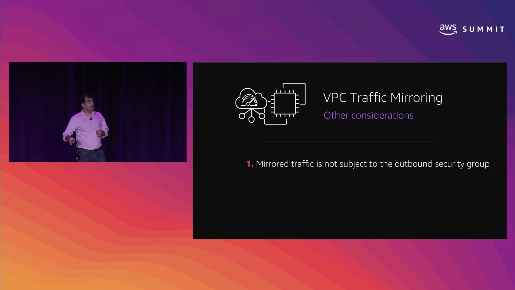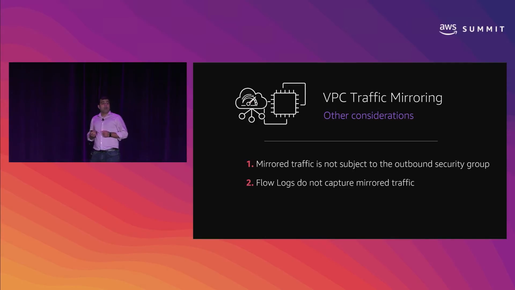You don't want the developer or anybody else to just block the mirror traffic by installing an egress security group to block the VXLAN traffic. So that is the reason we made this conscious decision where mirror traffic will bypass the egress security group. And for the same reason, mirror traffic will not be captured in the flow log.